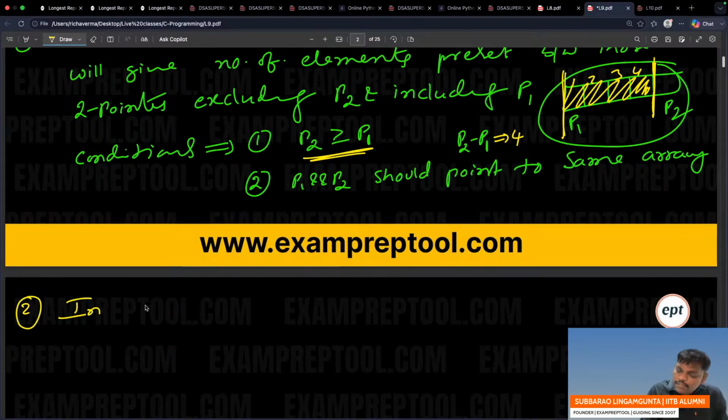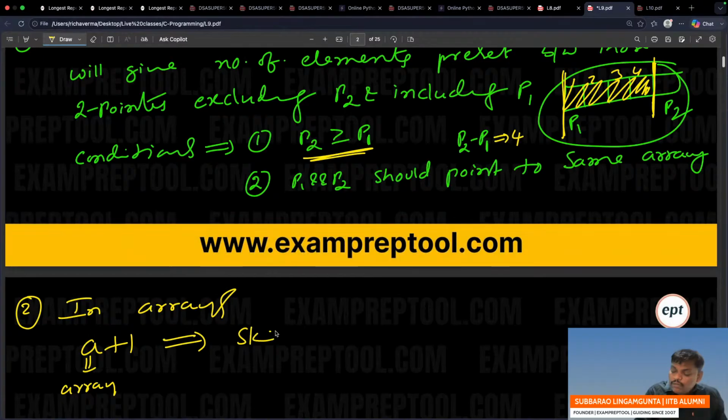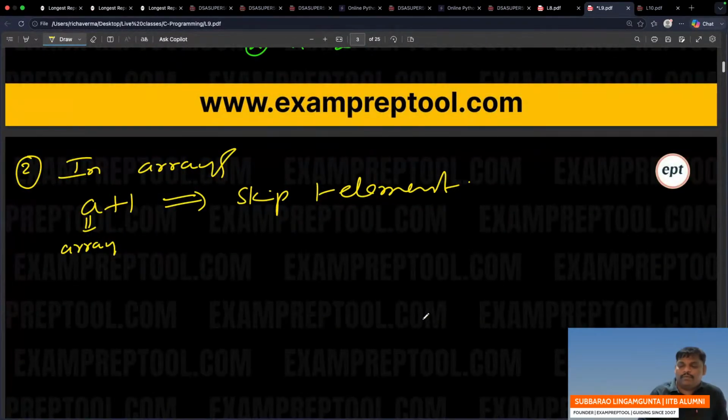In arrays, A plus 1. A is an array. A plus 1 means skipping one element. In arrays, A plus 1 means skip one element in the forward direction, like this.